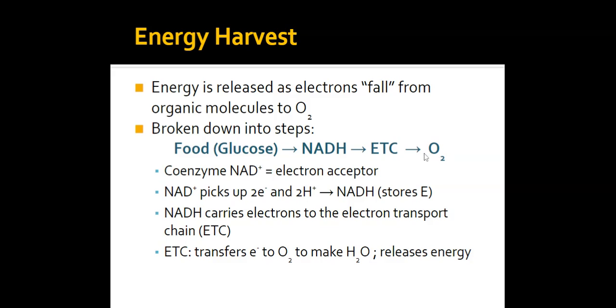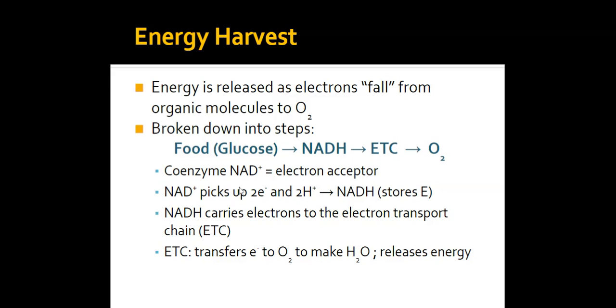We have this intermediate, NADH, and coincidentally our FADH2 will also fall into this very similar category. Basically, we have two different versions. We have the unenergized form, which is our NAD+. This is without the energy because it's missing the electron and it's missing the hydrogen to help form the bond to hold the electron, and it's referred to as an electron acceptor.